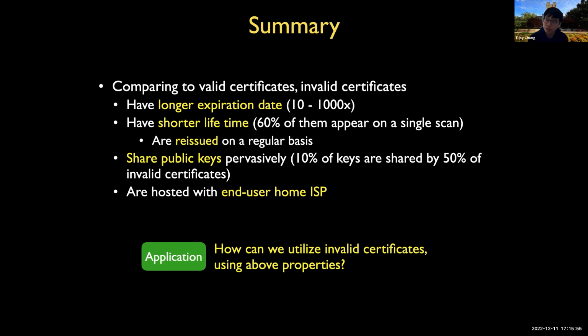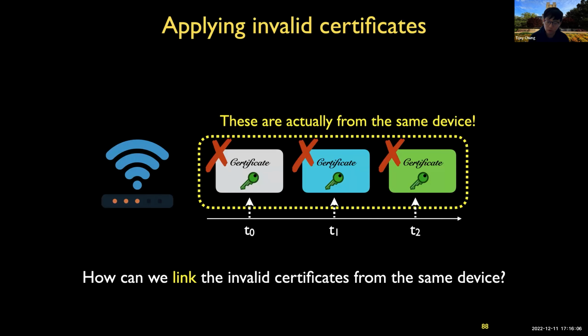So using all these features, we can use this property to play around with invalid certificates. As I mentioned before, the same public key can be used for many different certificates.